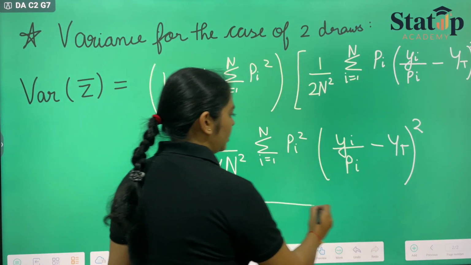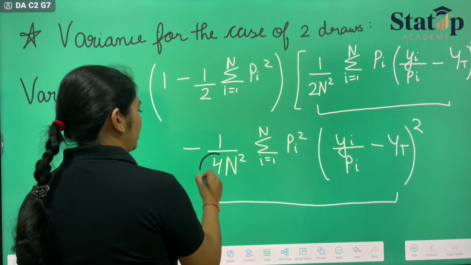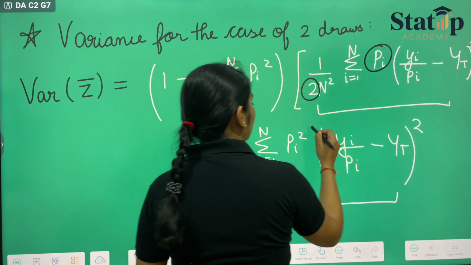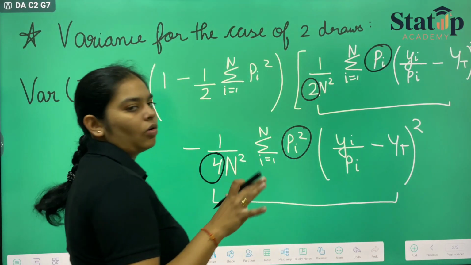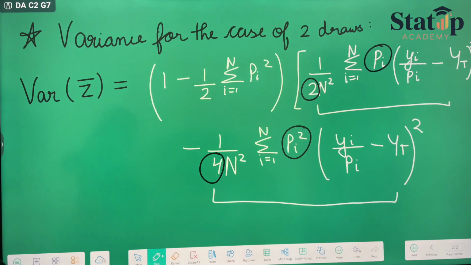This whole term is the same as this term, but the difference is here it is 4, here it is 2, here it is pi, and here it is pi square. Rest all the terms are the same.